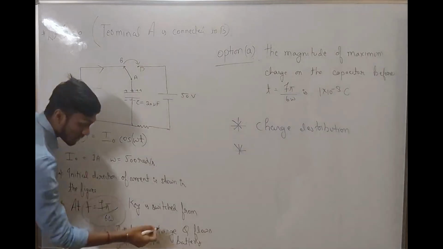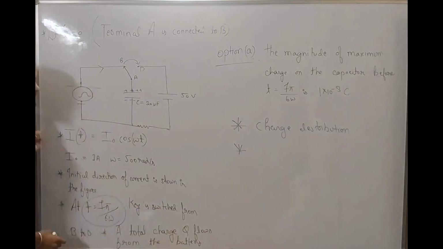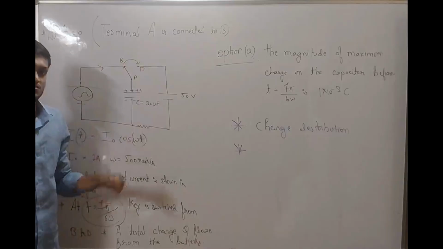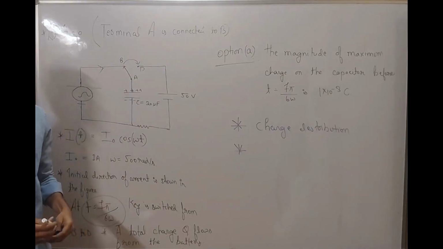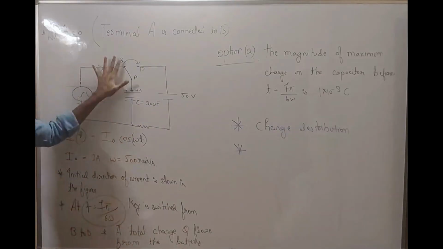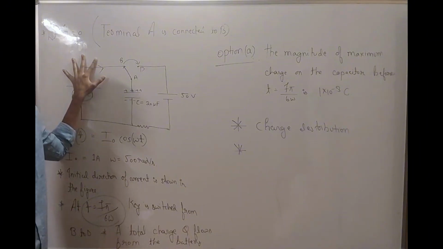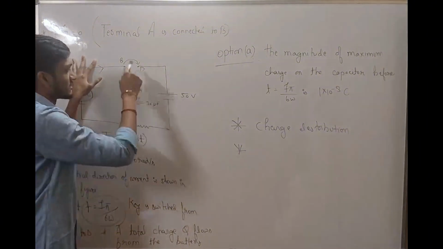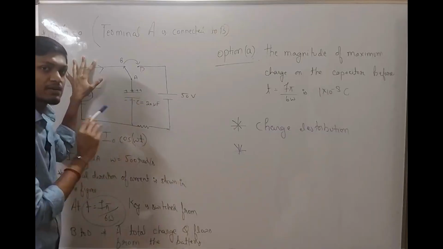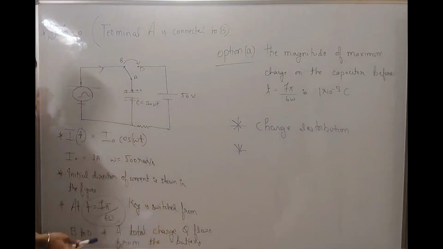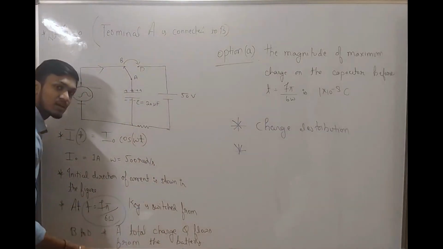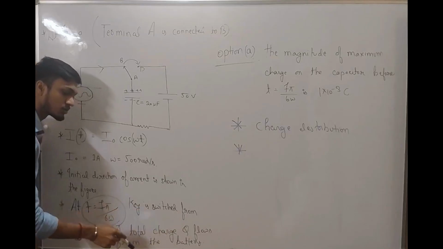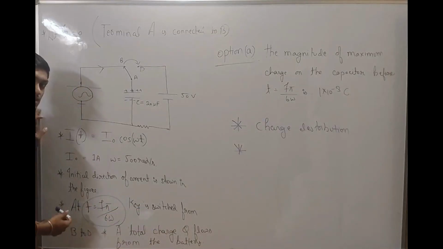A total charge of Q flows from the battery after it was shifted. After it was shifted, this circuit can be removed, and the only circuit that the capacitor is now connected to is with the battery. And during that connection, a total charge of Q flows from the battery. So we have to determine the value of Q.